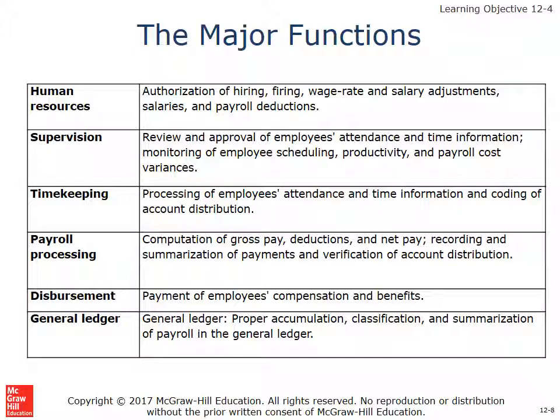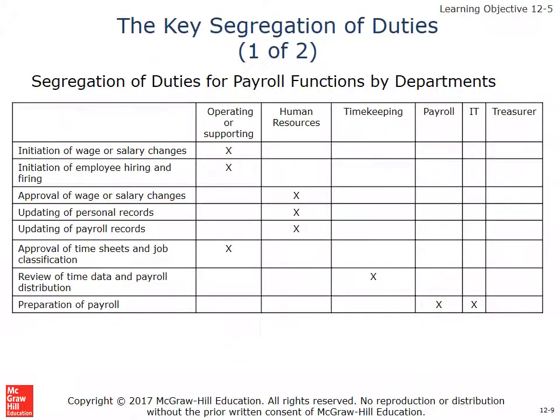The actual disbursement is the payment of the employee's compensation and benefits. And then there's the general ledger function, which makes sure we properly accumulate, classify, and summarize payroll information in the general ledger. So there's different functions within the payroll application itself. So you should be familiar with these.